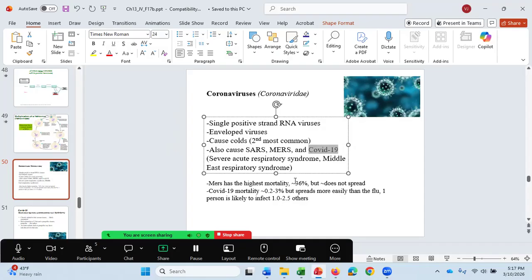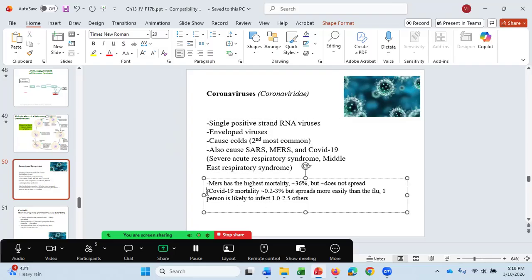A danger of all of these is that when one patient became infected, except for MERS, they tended to spread it to other people. With COVID-19, when one person becomes infected, they're likely to infect 1 to 2.5 other people. And that's why COVID-19 has continued to spread in the human population ever since 2019. Any question about any of that?